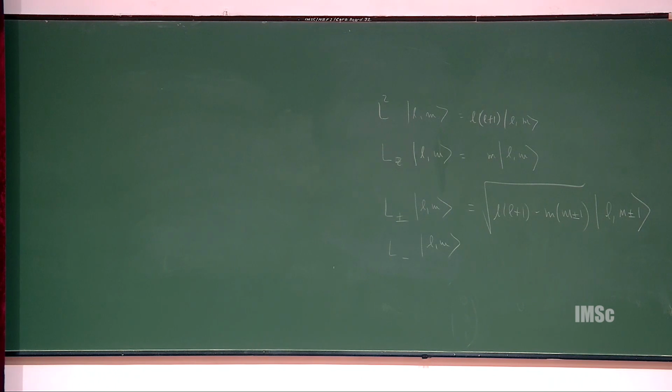Okay? That is the kind of thing which I called representations of the angular momentum algebra. There is a name for it. Whatever is written is called generators of the angular momentum, which are called Lx, Ly, Lz.